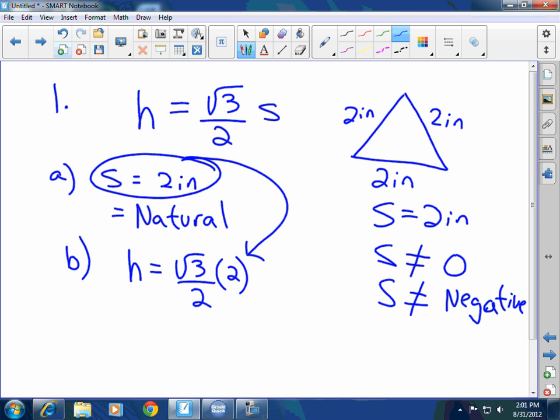Well, I got a 2 over 1 here times a radical 3 over 2. These 2's cancel, so h is radical 3. Radical 3 is a non-perfect square, so that is an irrational number. Is it a real number as well? Yes, but they're asking you for which set of numbers best describes the value of h, which is radical 3, and that's irrational.